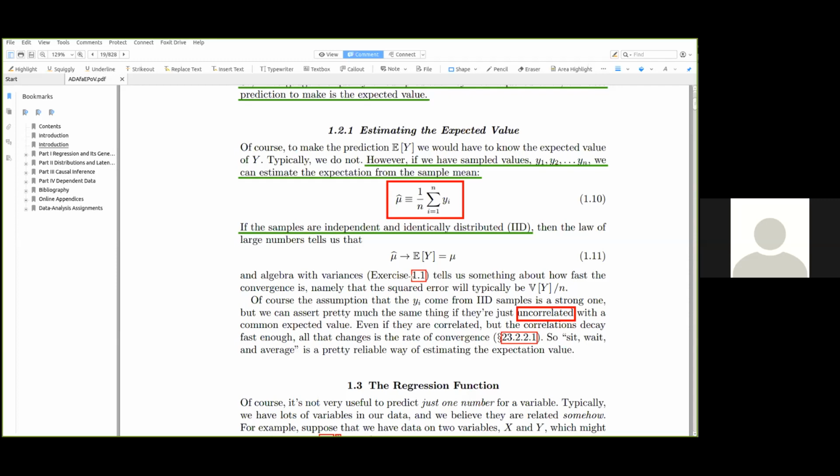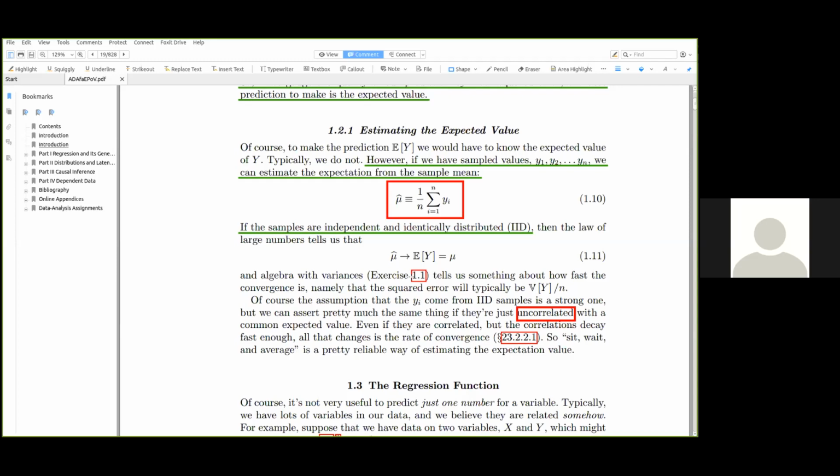Because if two random variables x and y are independent, then they're definitely uncorrelated. But if two random variables x and y are uncorrelated, that does not necessarily mean that they are independent.